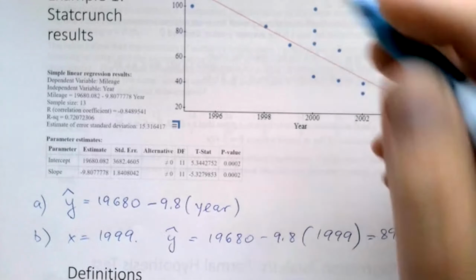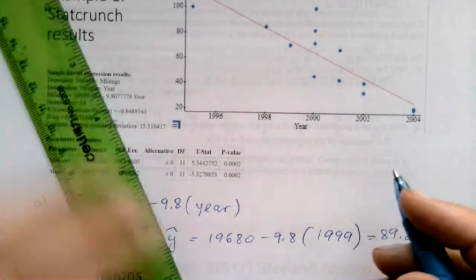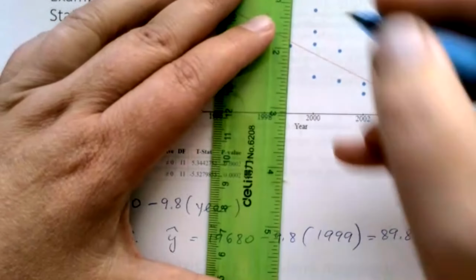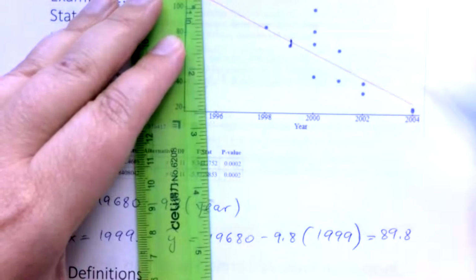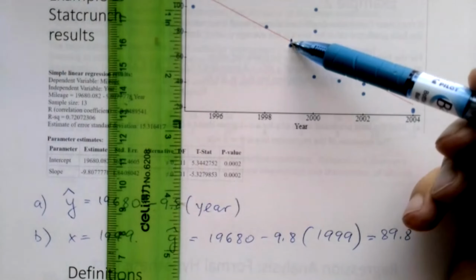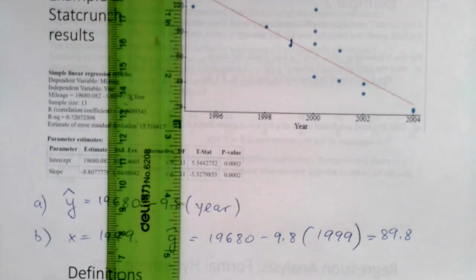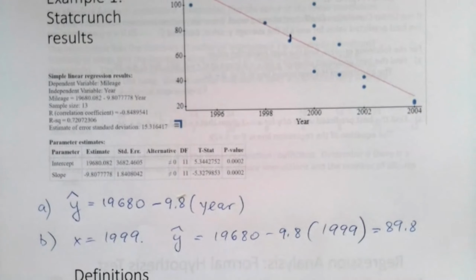So I have a slight difference between my predicted value and the actual value right here. That distance between the actual data value and the predicted value is called a residual.